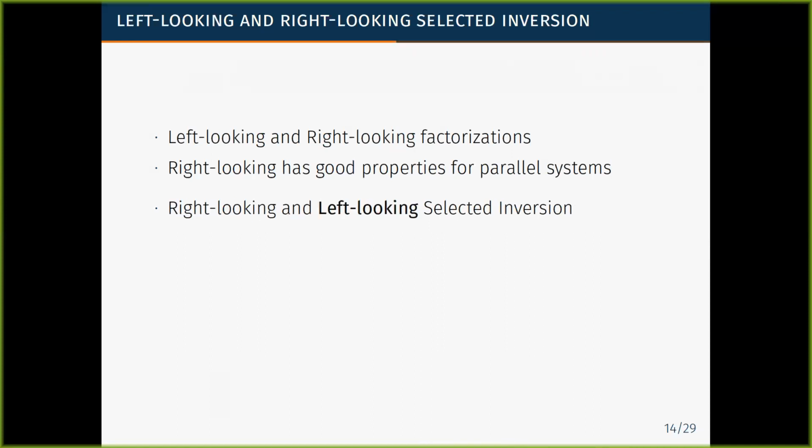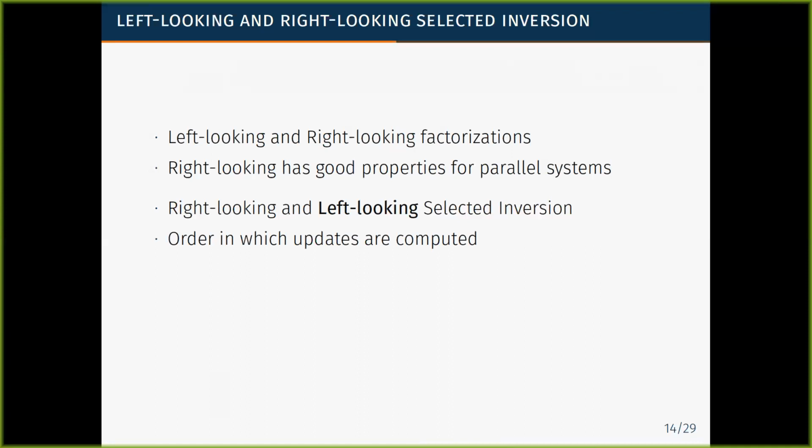So basically, the left-looking factorization corresponds to a right-looking selected inversion in terms of sequence of operations, whereas the right-looking factorization corresponds to a left-looking selected inversion. Since right-looking factorization seemed to be the most promising parallel algorithm, we've been looking at how we could express a left-looking selected inversion.